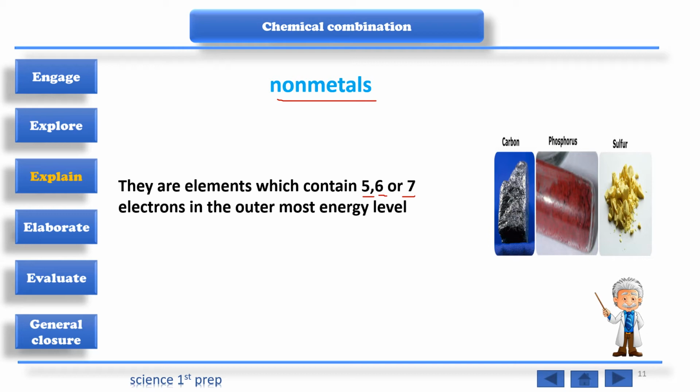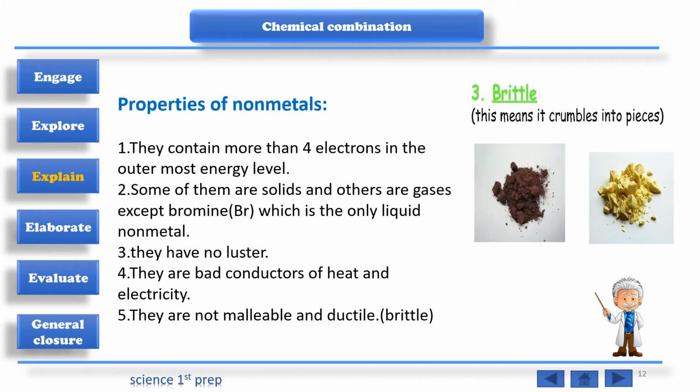Here in non-metals, 5, 6, or 7 electrons. Okay, good. And now let's talk about the properties of non-metals. First, they contain more than 4 electrons. As we said, they contain 5, 6, or 7 electrons.